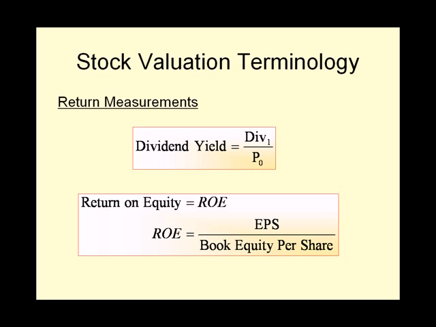We haven't covered the general concept of return on equity, which in an accounting sense is defined as earnings per share divided by book equity per share. Book equity per share comes from the balance sheet of the firm, and it essentially is the value of the equity as stated in the balance sheet.